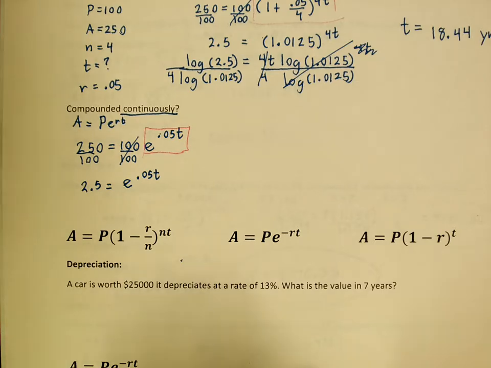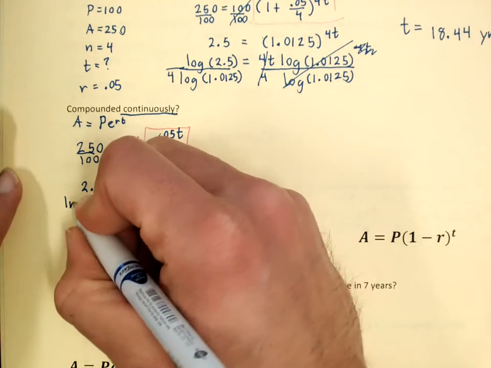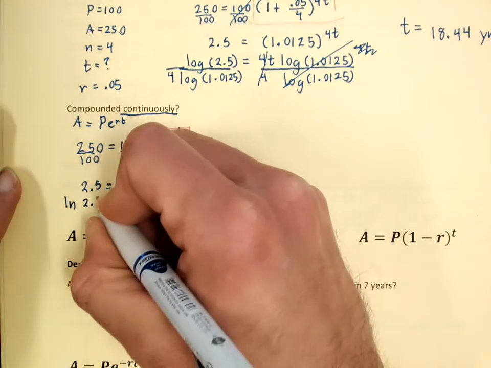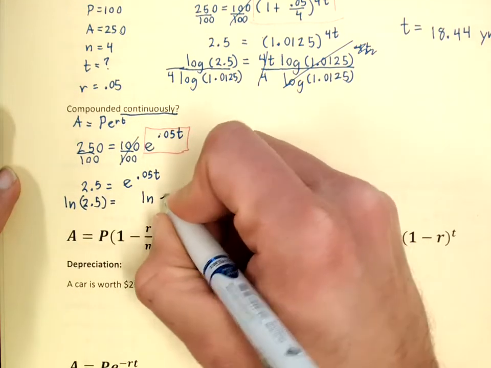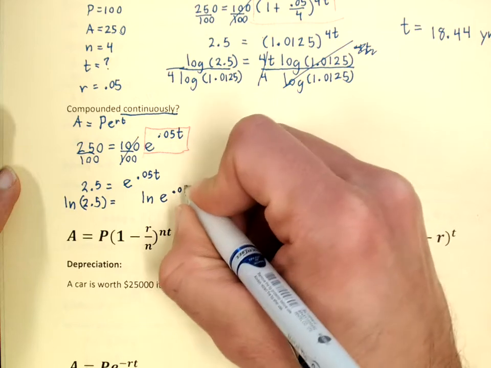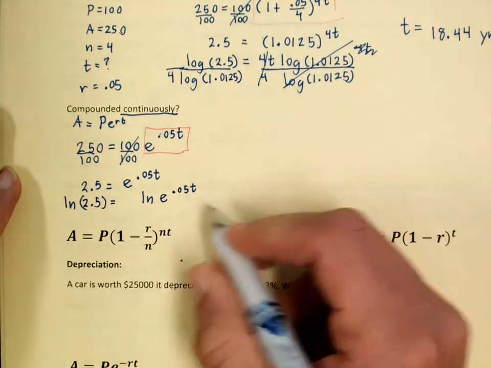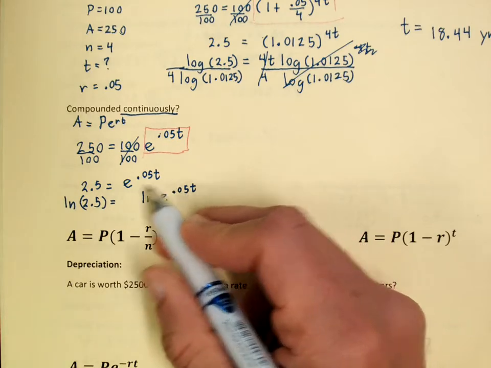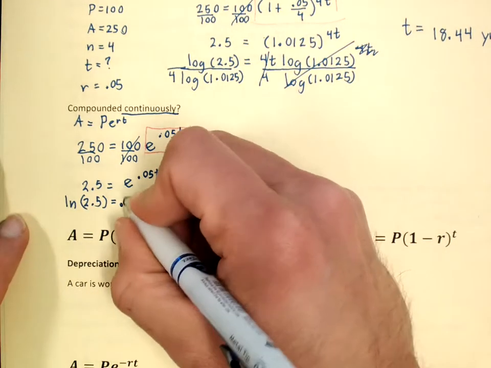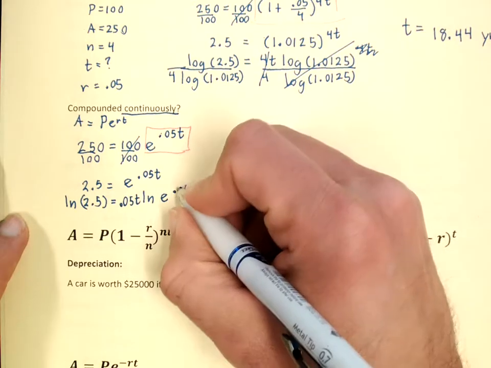So I'm going to use a different base, I should say. So I'm going to take the natural log of both sides. Now remember, this is a power, and by the properties of logarithms, I can move that in front. 0.05t. Okay, so that's gone.